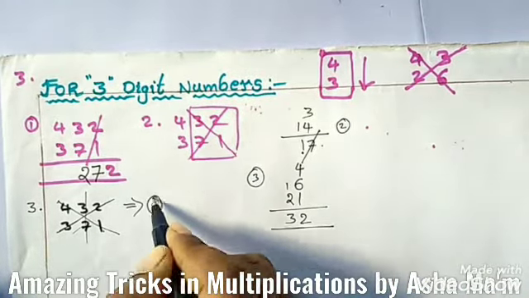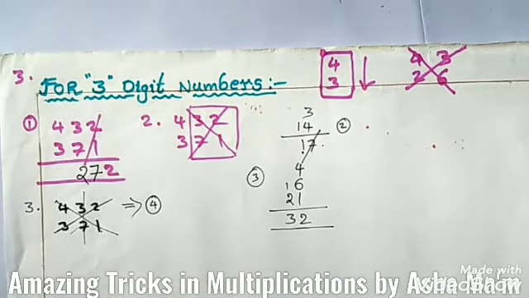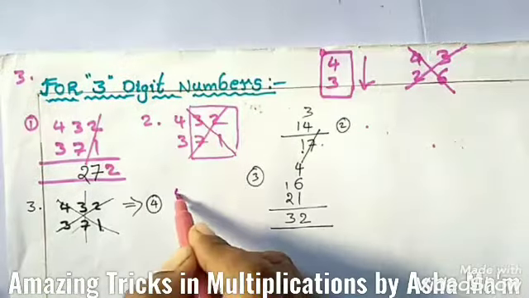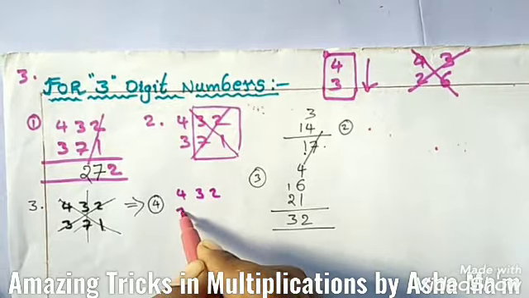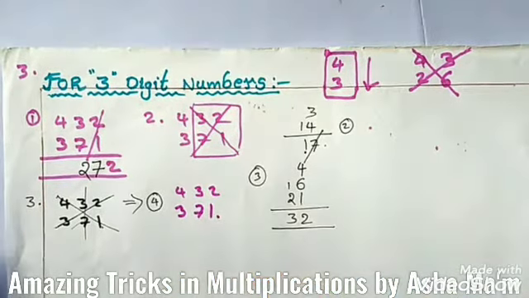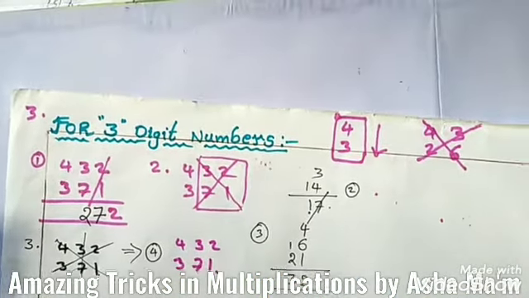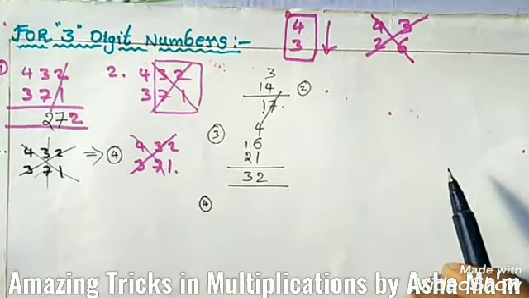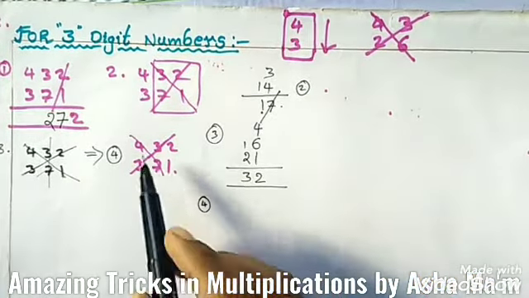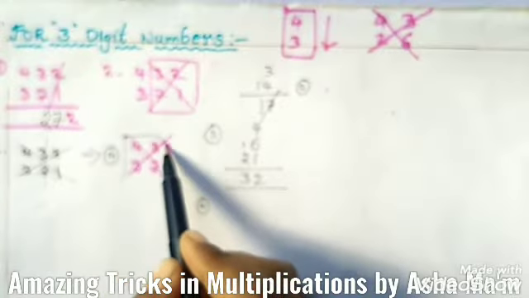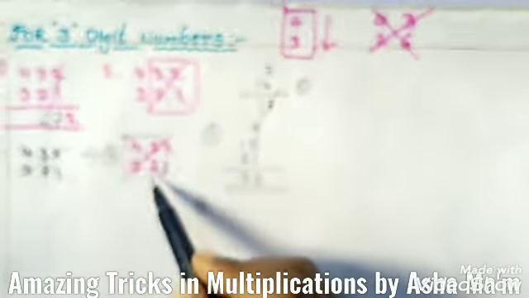Here is the fourth step. I am going to write the number 432 371. In fourth case, again there is a cross multiplication. If you take the numbers like this again, then cross multiplication should be in between them.